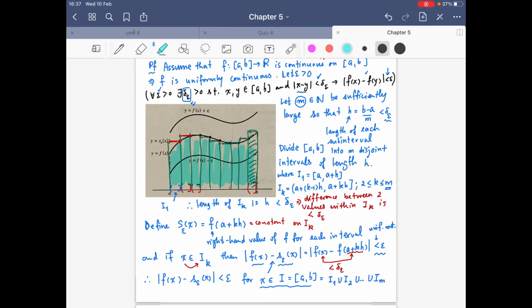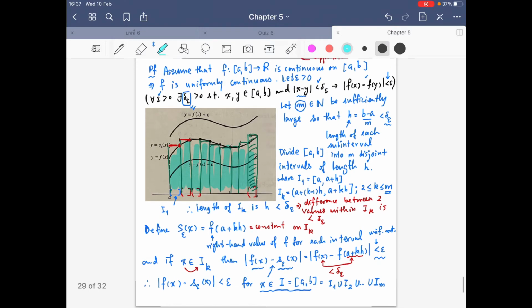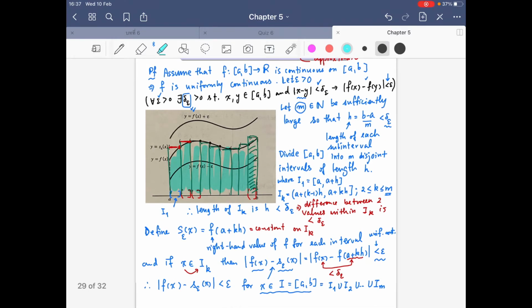However, this approximation just gives you the idea that for each and every curve, no matter how small the error that you require, you can find a piecewise step function that can be a good approximation of that function always.